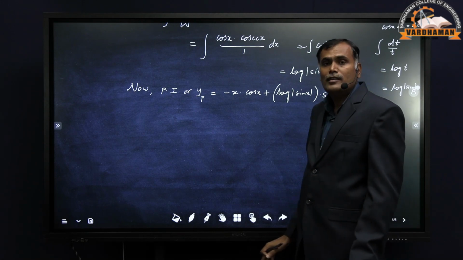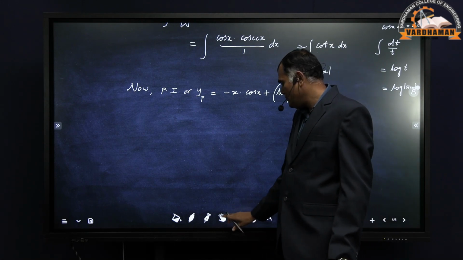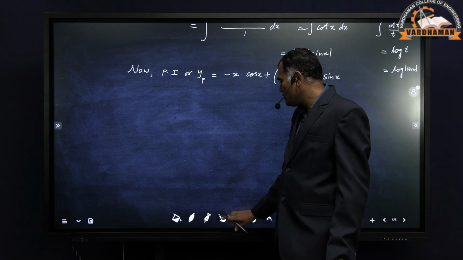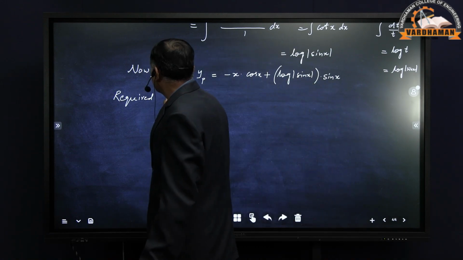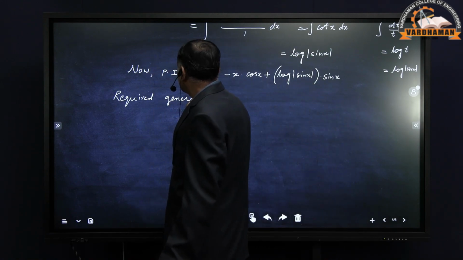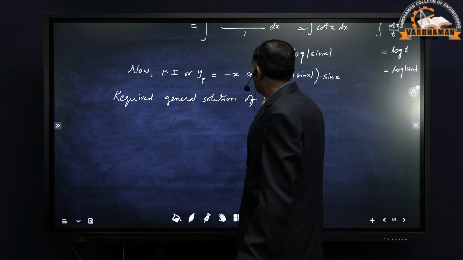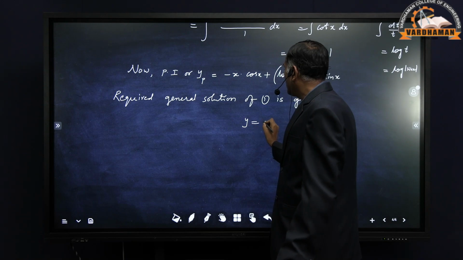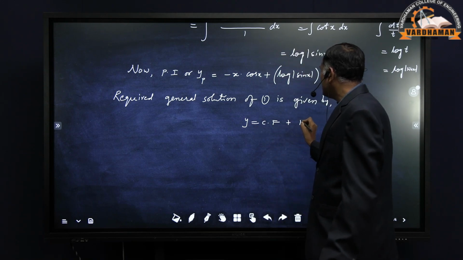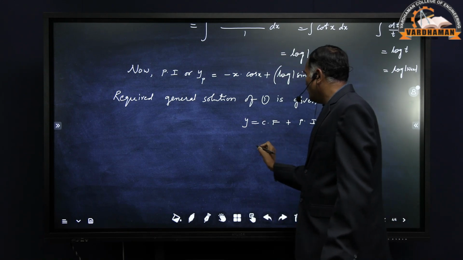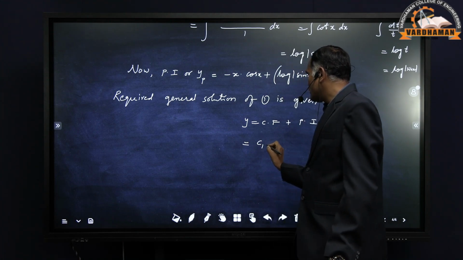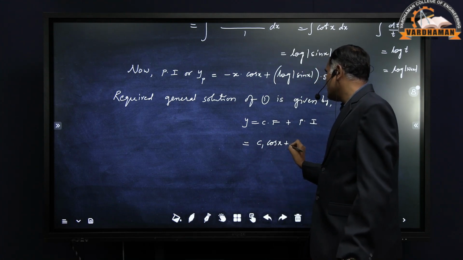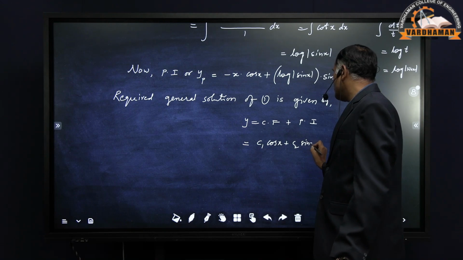Now finally the required general solution of the given problem 1 is given by complementary function plus particular integral. In this case the complementary function is c1 cos x plus c2 sin x.